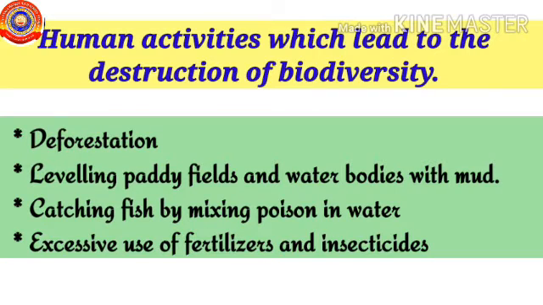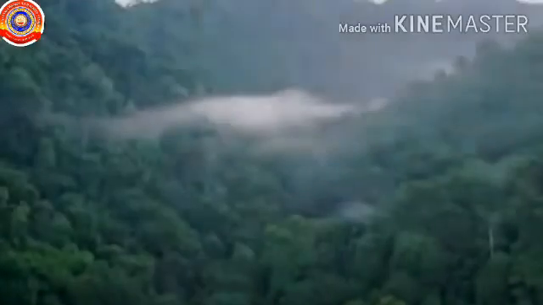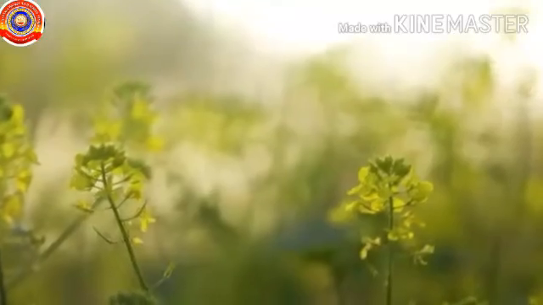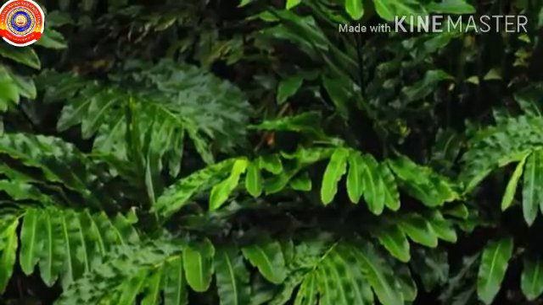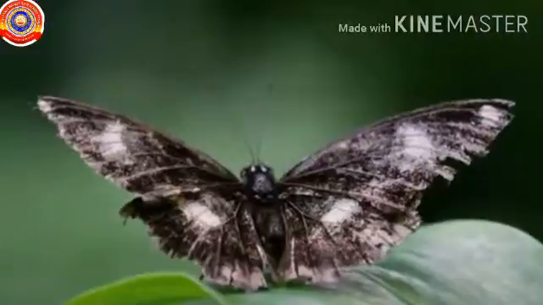Yes, deforestation, leveling paddy field and water bodies with mud, catching fish by mixing poison in water, excessive use of fertilizers and insecticides, etc. Let's engage in environmental protection activities with the awareness that all organisms are to be protected, okay?